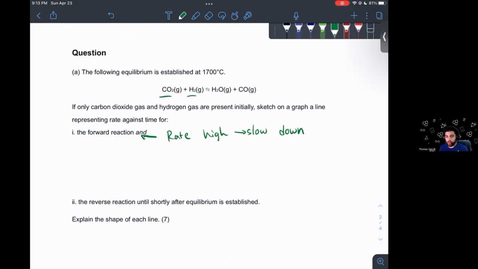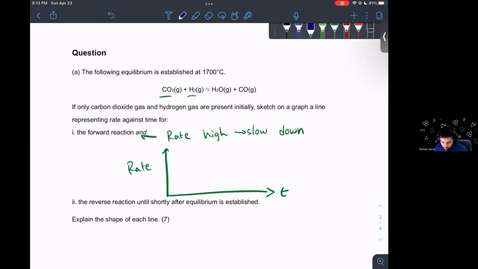That's just what we learned in chapter 6. As the concentration of reactants decreases, the rate decreases. So let's go ahead and do time and rate. We start with a high rate and eventually come down to a kind of low rate.